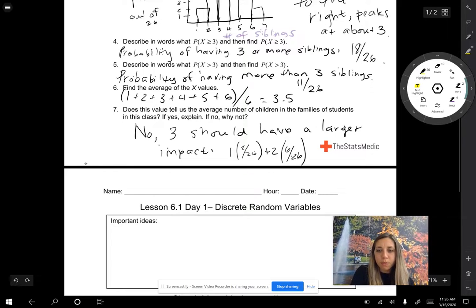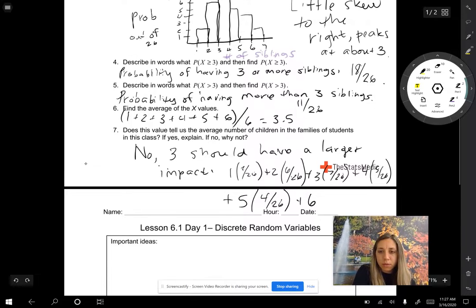So we're going to take each respective probability and multiply it by the number that it's worth, let's say. So 3 times 7 out of 26 plus 4 times 5 out of 26, I'm going to go down to the next page because I'm kind of running out of room, plus 5 times 4 out of 26, plus 6 times 2 out of 26.